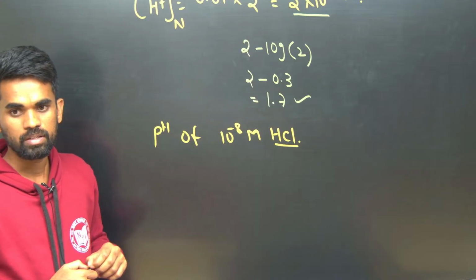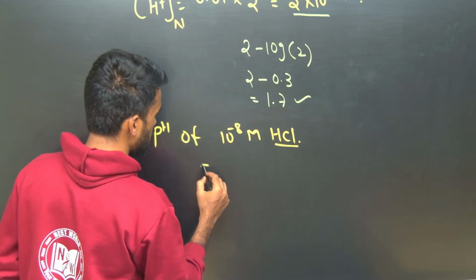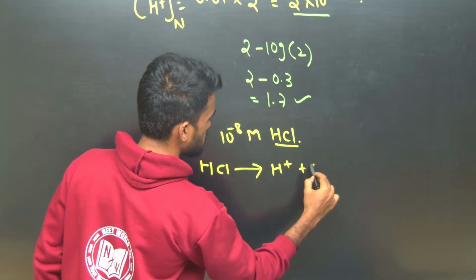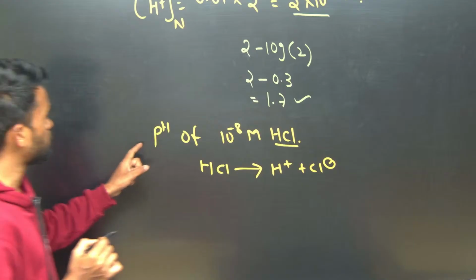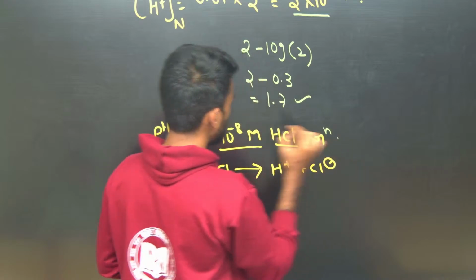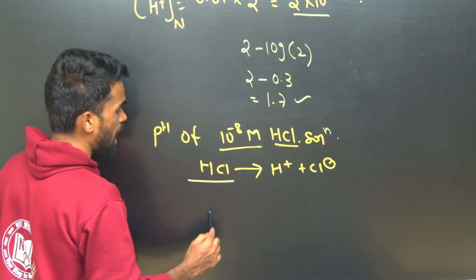14 minus 3? Yeah, so look here, not like that. See, the H plus ion coming from this will be H plus Cl minus. Now I am taking the pH of 10 power minus 8 molar HCl solution, which means this solution must contain HCl as well as water.